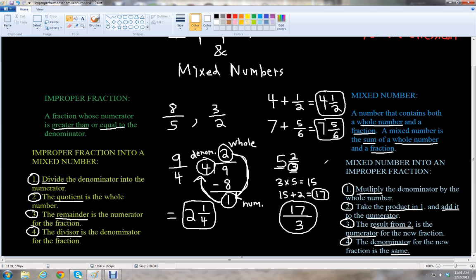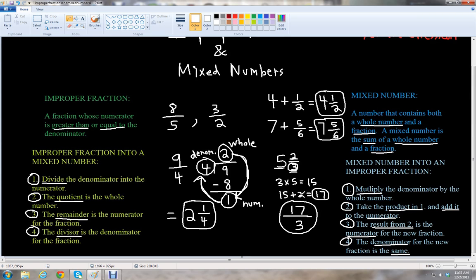Okay, so let's quickly review these 4 steps here. Converting a mixed number into an improper fraction. So in the first step, we multiplied the denominator 3 by the whole number 5. That gave us 15. In step 2, we took this product of 15, added it to the numerator, which is 2.